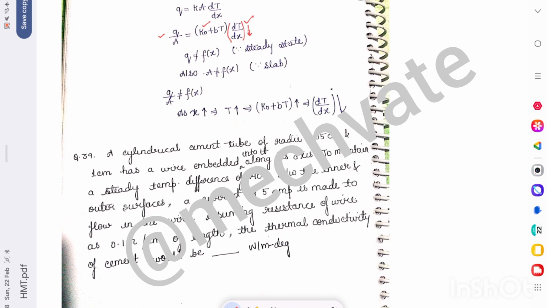Cylinder and cement tube whose radius is 0.05 and 1 centimeter has a wire embedded along its length.